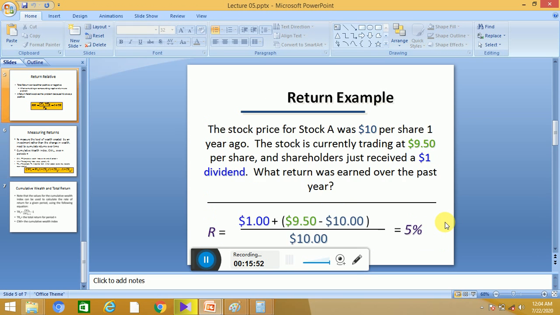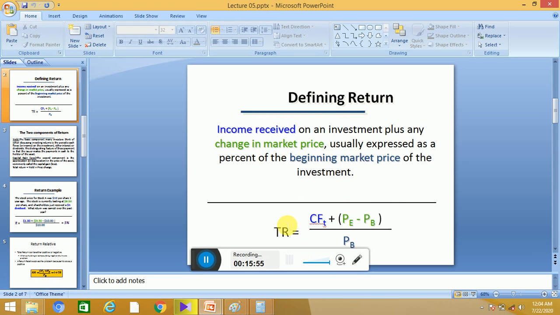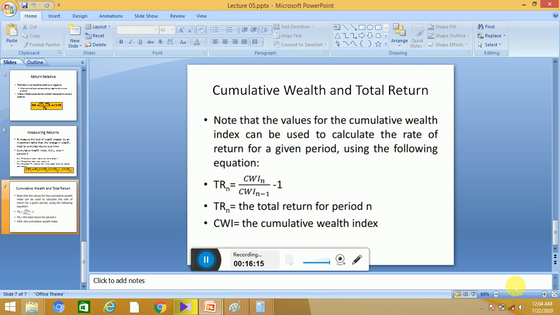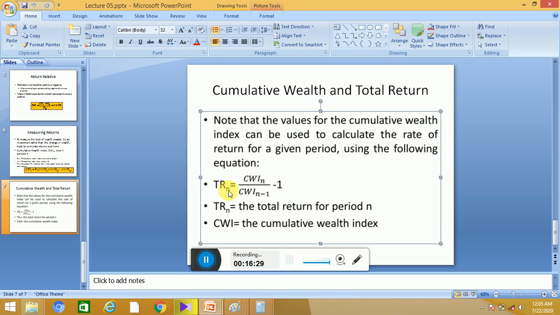Keep in mind one thing: this formula was used to calculate the return for only one period. But now this new formula, if you have information about cumulative wealth, you can use to calculate the return for n periods of time.